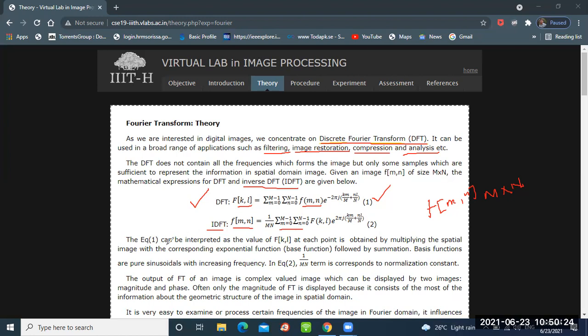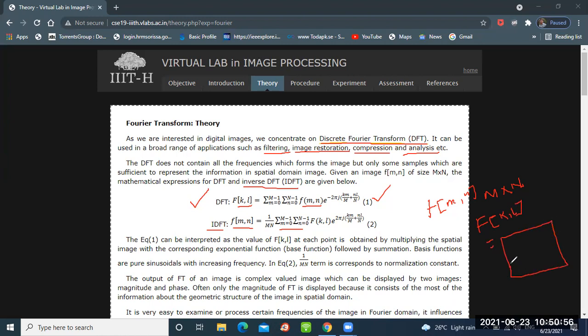Now equation 1 can be interpreted as follows: the value of capital F of k, l at each point is obtained by multiplying the spatial image with the corresponding exponential basis function. Okay, so how is each point, let's say F of k, l, obtained?